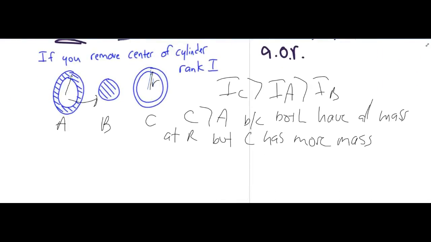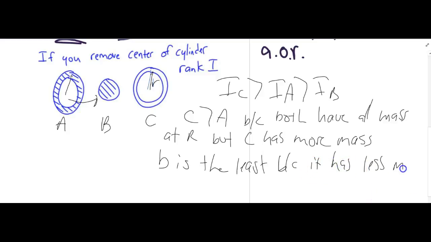B is the least because it has less mass and it is closer to the axis of rotation.